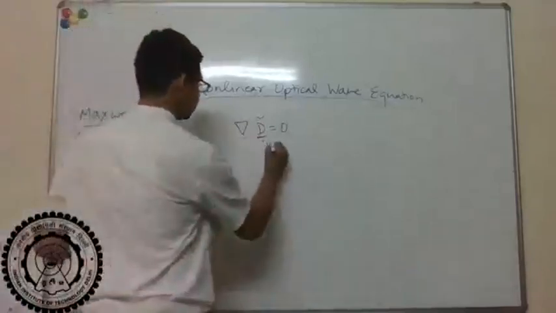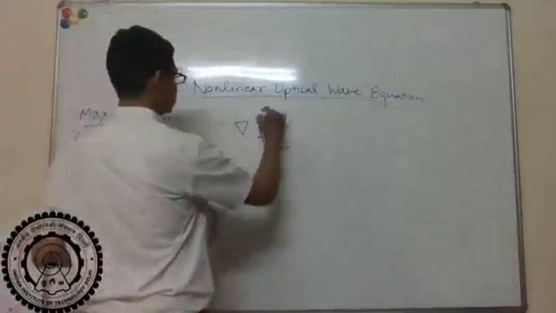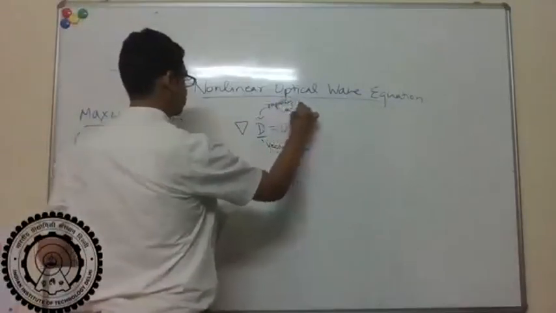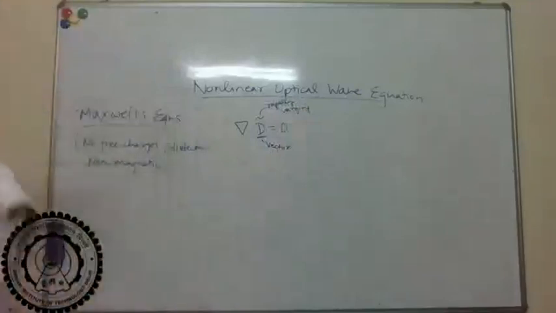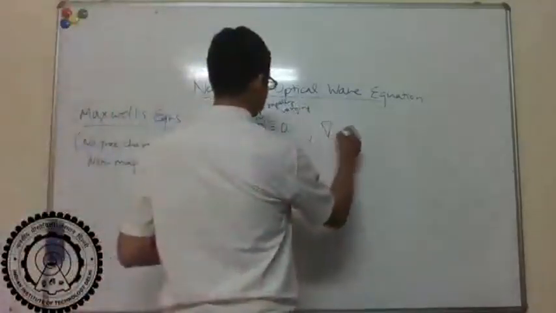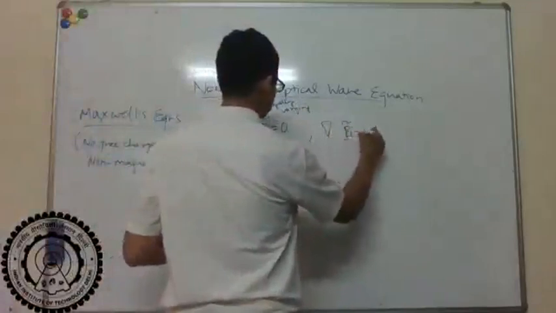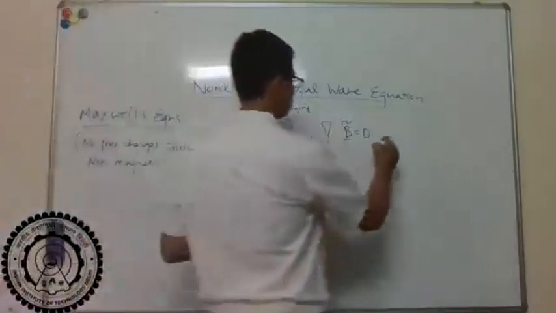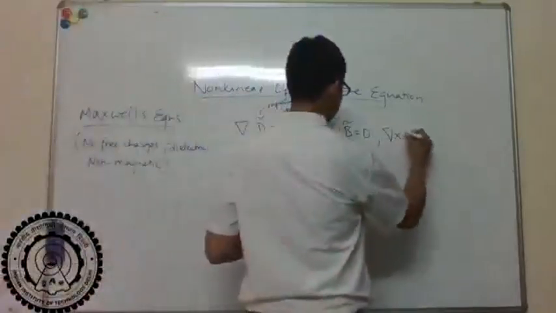Okay, so this denotes vector, this denotes rapidly varying. Right, so we have del dot B equals 0, and then the other two are the curl equations.